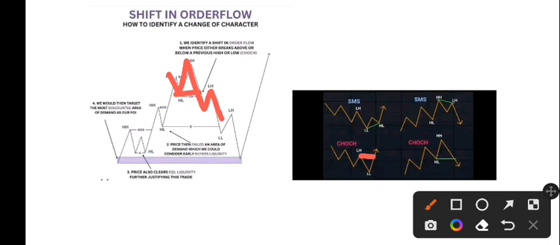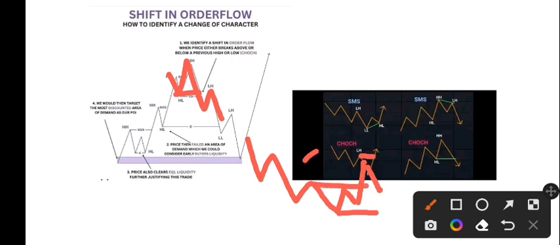Also, we have this other one where price, instead of breaking it, first does this lower low, comes like this. It will not break this place, so we will now identify this place as the official CHOCH. We call this one the shift in market structure.